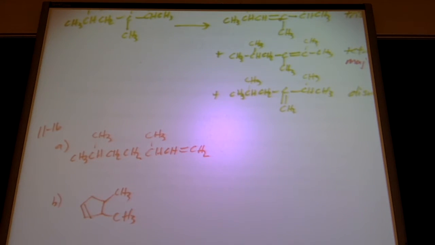11-16, what alkyl halides might the following alkenes have been made from? So you have to put your halogen on there, so you look at where your double bond is.